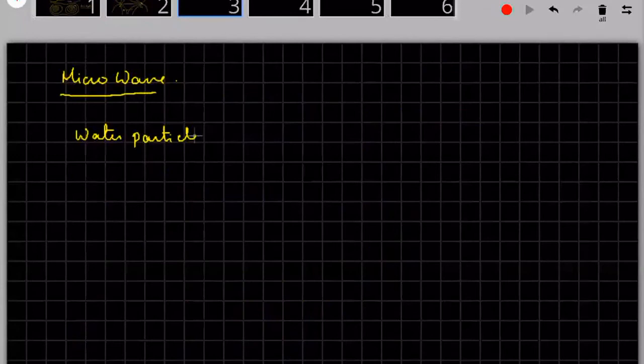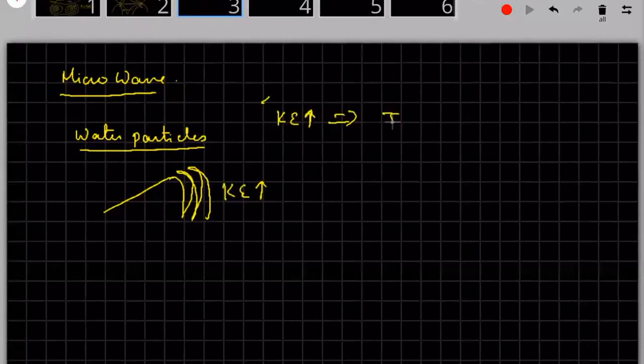Because of the microwave, the direction of the electric field keeps changing. So the water particles keep oscillating, and as they keep oscillating, their kinetic energy increases. Kinetic energy increase implies temperature increase. That is basically what we want.